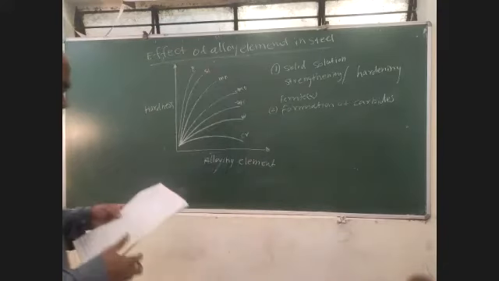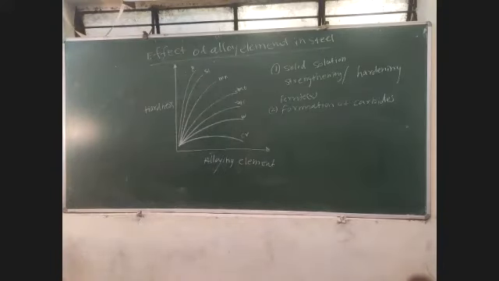So formation of carbides. Here some of the alloying elements combine with carbon in steel and form respective carbide. These carbides are hard, and increase wear resistance and abrasive resistance of steel.